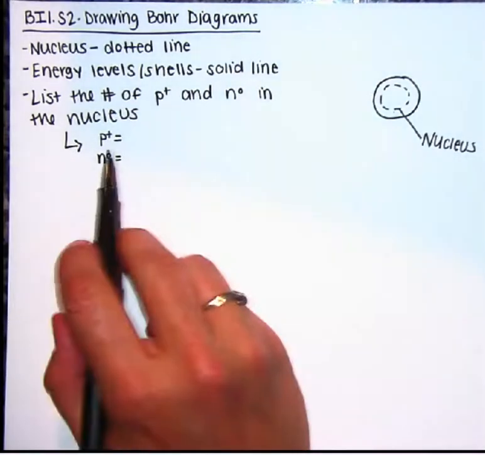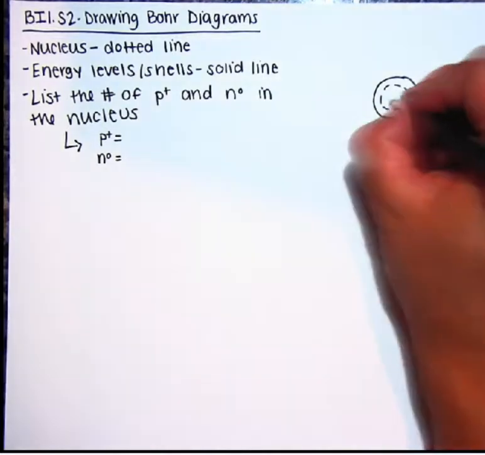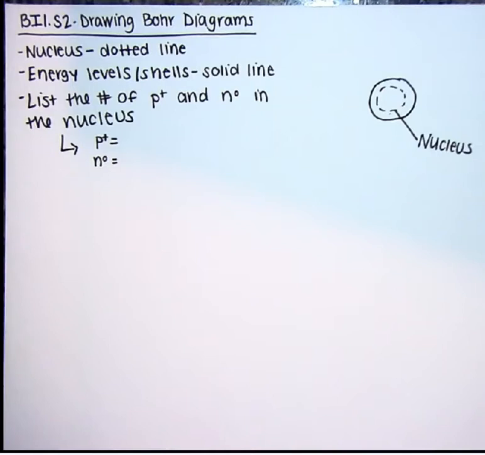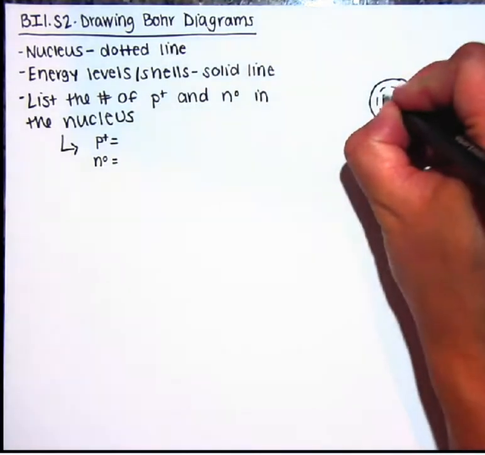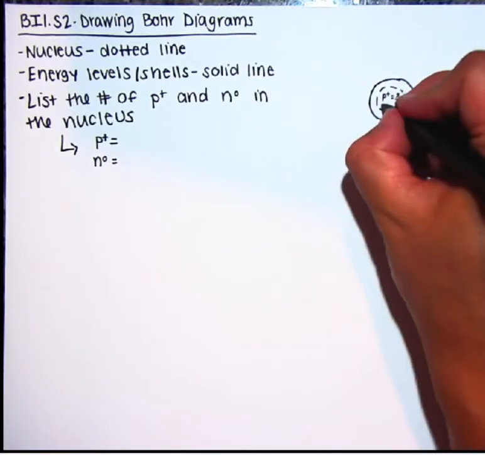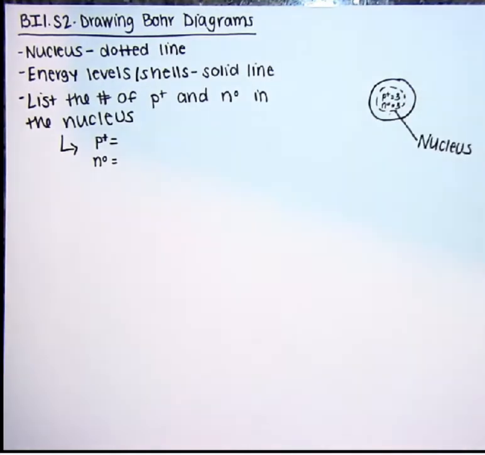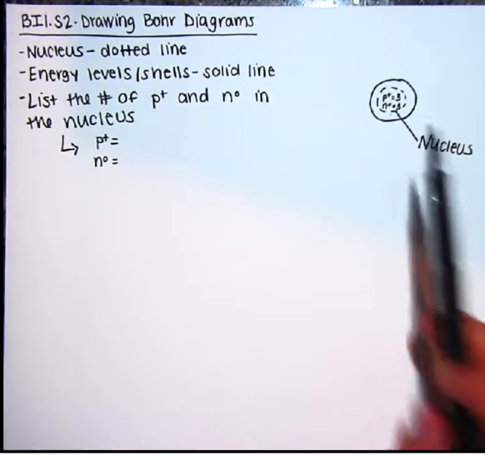If you were to try to draw a bunch of little dots representing protons and neutrons, it's really easy to draw too many, or maybe if I'm grading it, I can't tell the difference between the protons and neutrons. So we could say protons equal 3, neutrons equal 3. I can very clearly read how many of each there are.